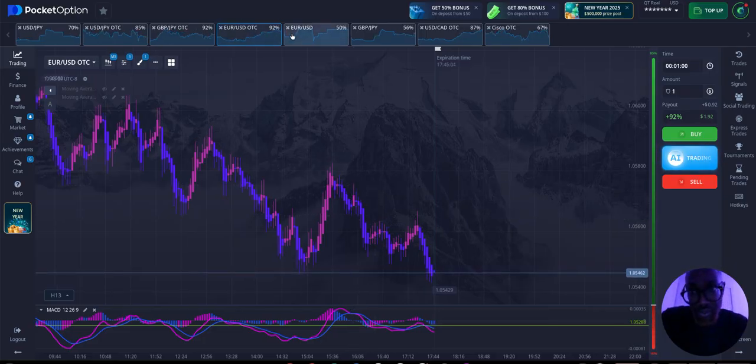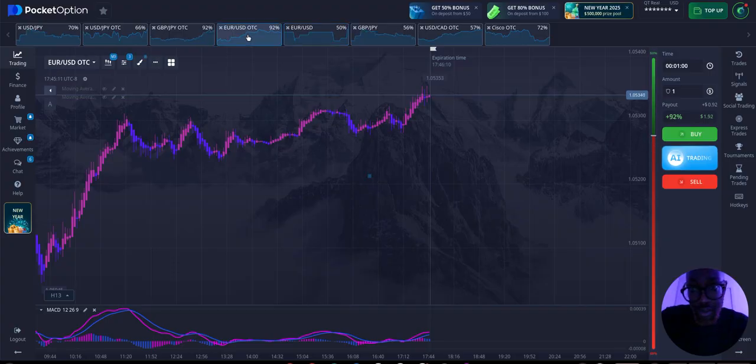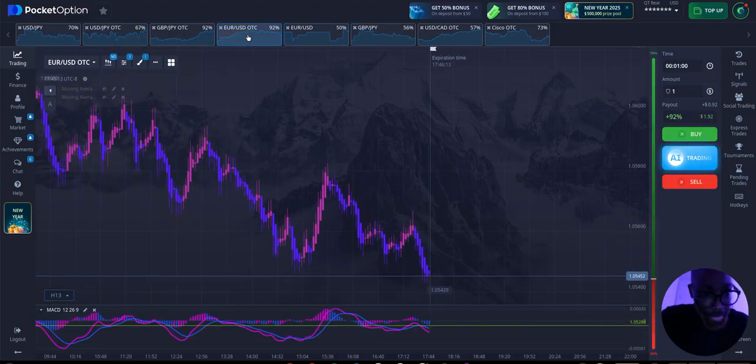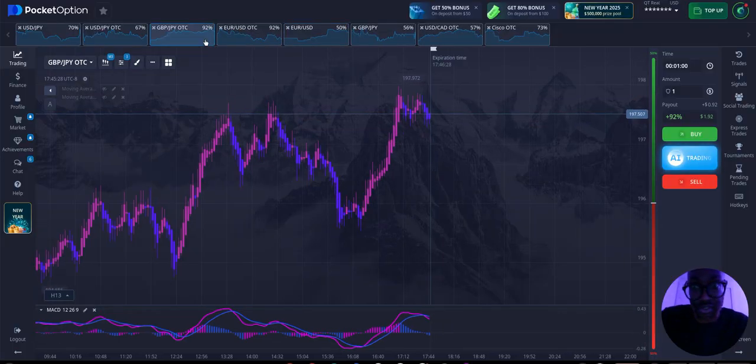462 for Euro USD. So completely different prices offered. As we knew, because these are going to be different markets, and I'm going to explain their differences shortly.